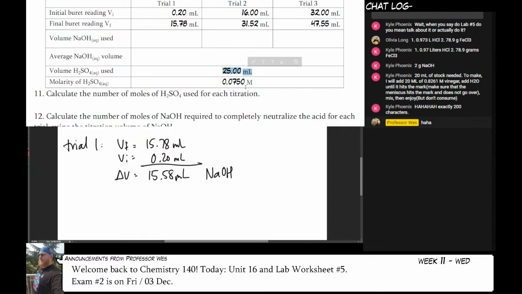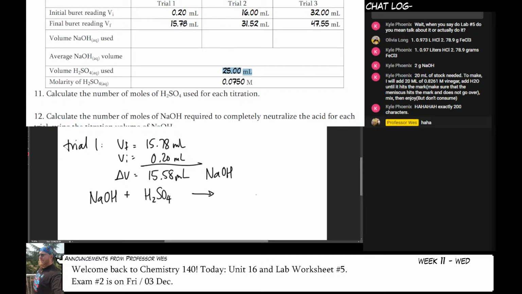So you know how much acid is in there in terms of its molarity and its volume, and therefore you know the number of moles. So now you can answer question number 11, right? So first, let's write the balanced equation for sodium hydroxide and sulfuric acid.